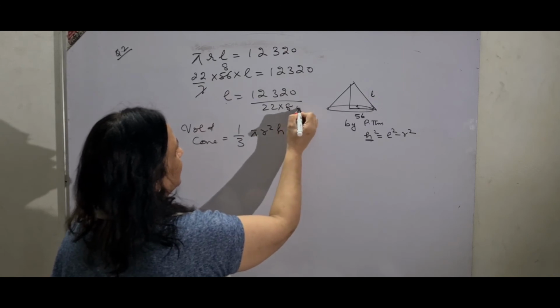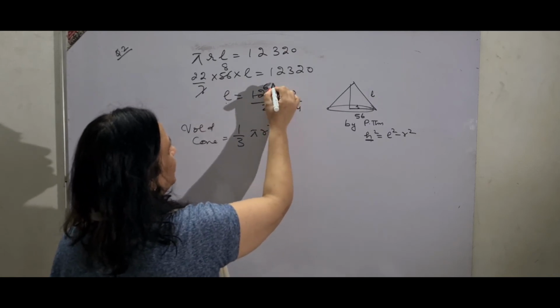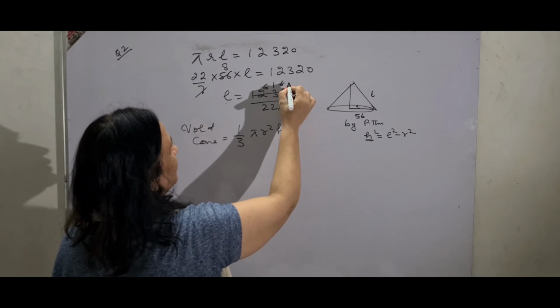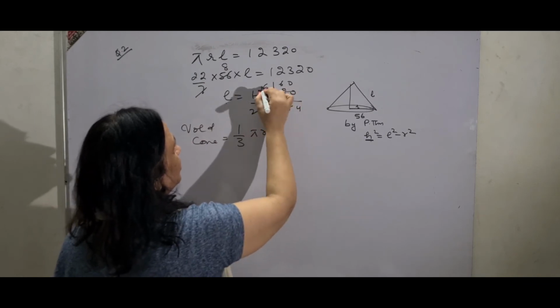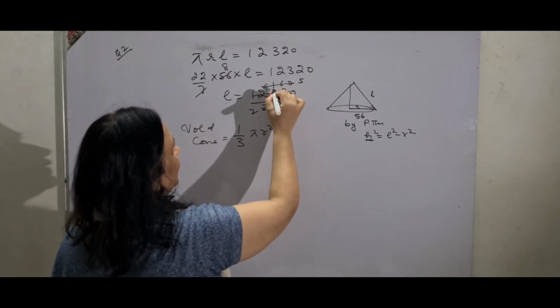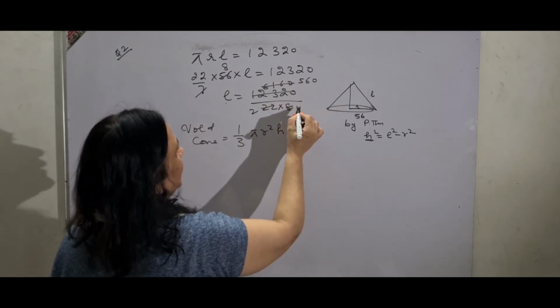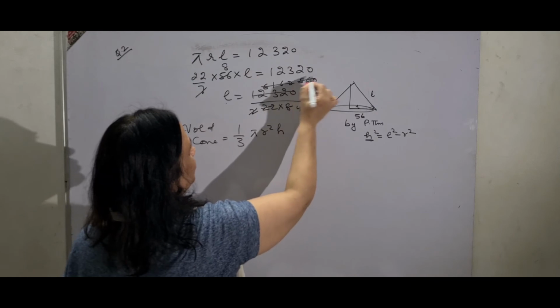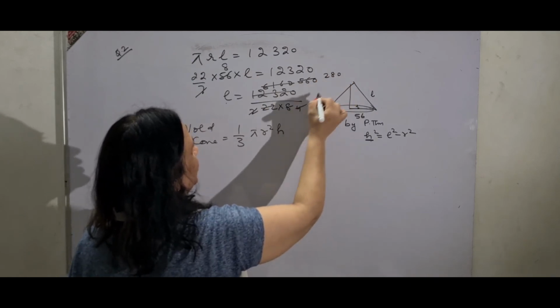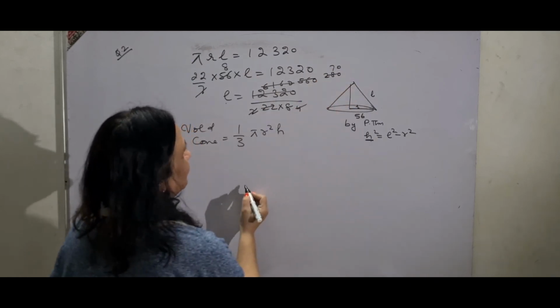You can cancel it. 2 4s are 8, 2 6s are 12, 2 1s are 2, 2 6s are 12, 0, or 11 2s are 22, 11 5s are 55, 11 minus 5 is 6, 11 6s are 66, 5 60. Again 2 2s are 4, 2 8s are 16, or 4 7s is l, which is 70 centimeter.